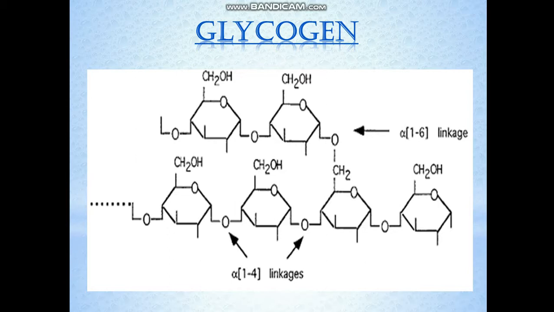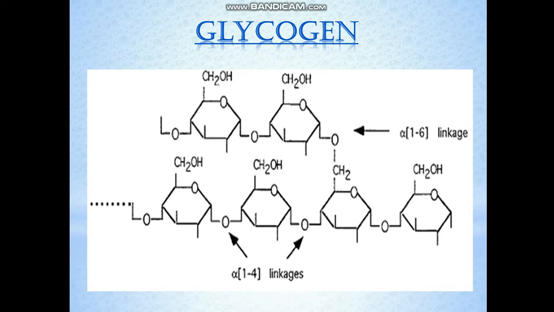When it is made up of only glucose, glucose, glucose, glucose all linked together, it is a homopolysaccharide because only one type of unit is present, that is glucose. It also acts as a reserve food for animals, or we can call it animal starch. If you remember, animal starch was the name used by our teacher in class 9th.